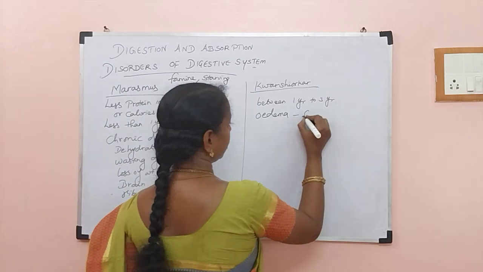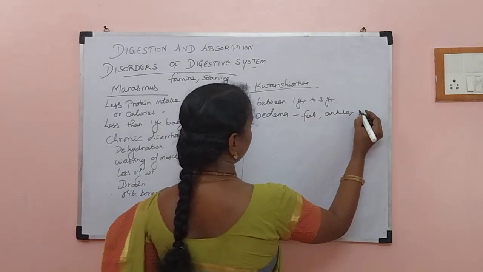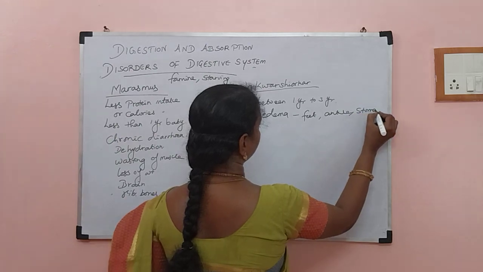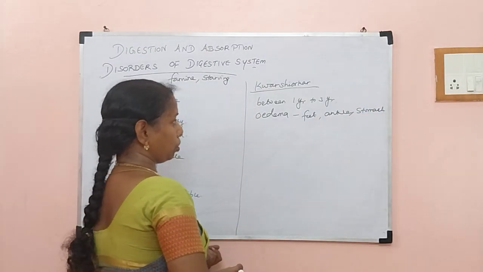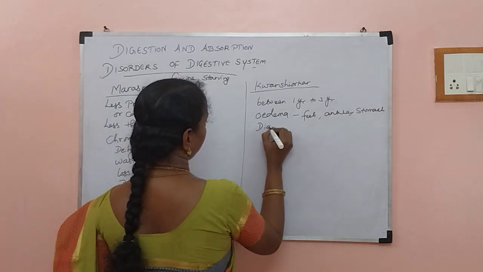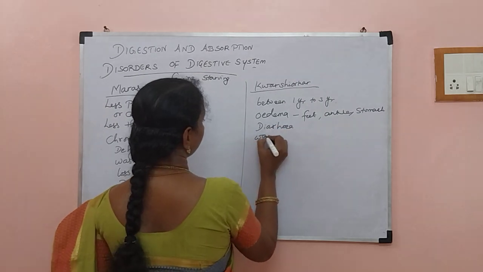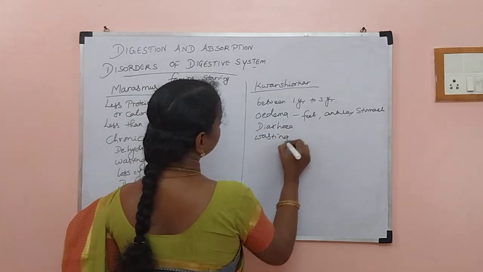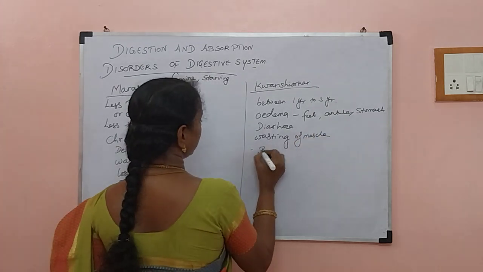We can find it in the feet, ankles, and also in the stomach. So they'll have a pot belly, as they used to say. Apart from that, of course, they'll also have diarrhea, wasting of muscle, and brain growth is affected.